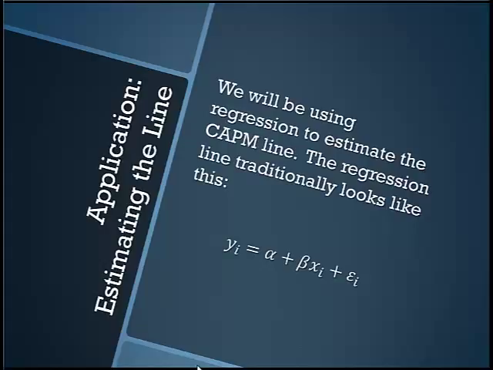So the beta and the x are the slope and the variable. Whatever variable we use for x, we multiply it by some slope coefficient, which we'll call beta. We add it to an intercept term called alpha, and we'll come up with the best estimate for our output variable, y.